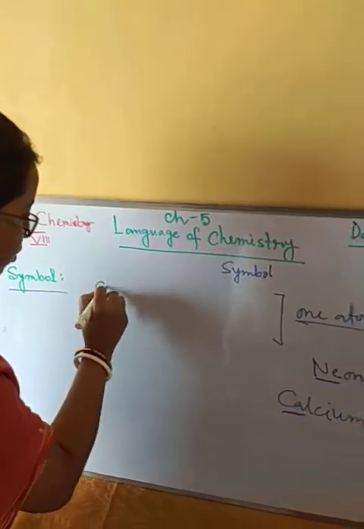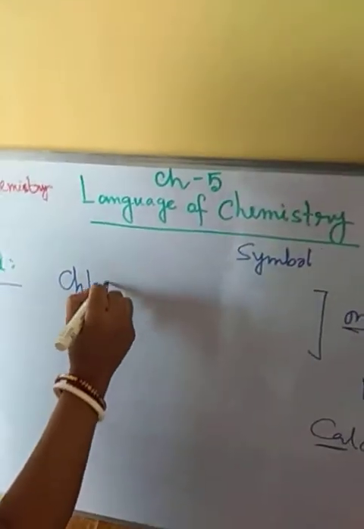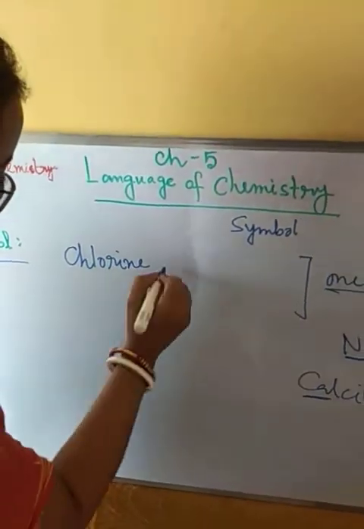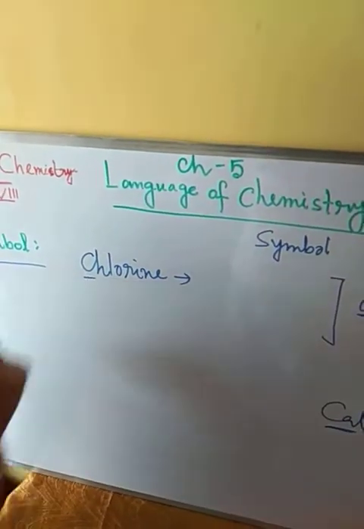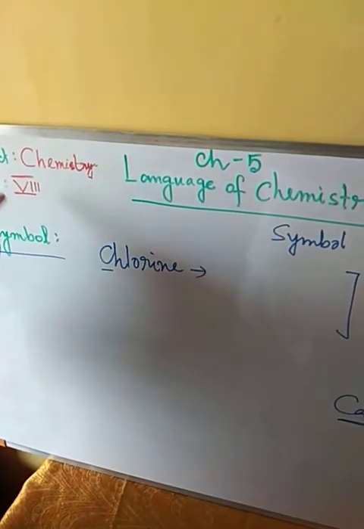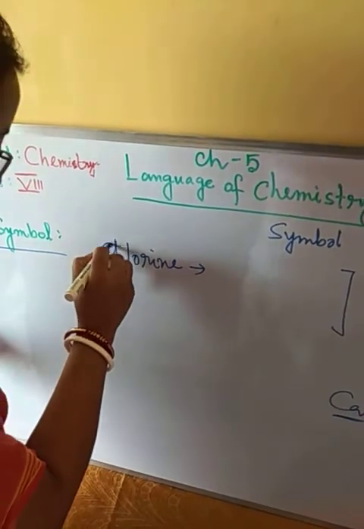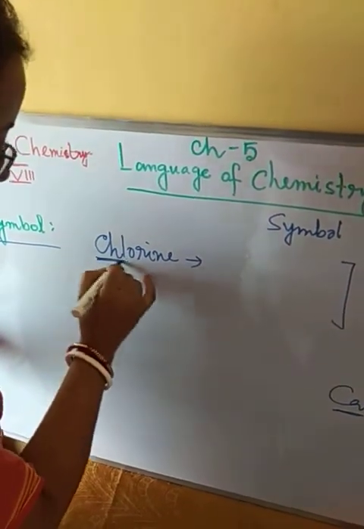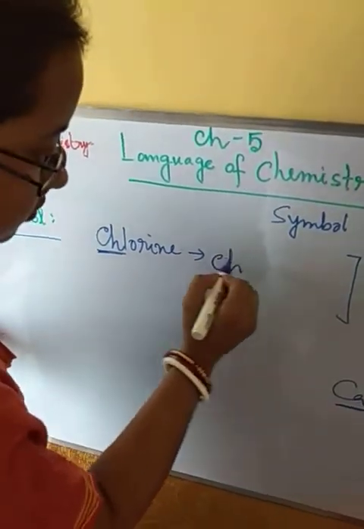What will be the symbol for chlorine? It starts with C. Already we have taken the first letter for carbon. So is the symbol of chlorine going to be Ch?